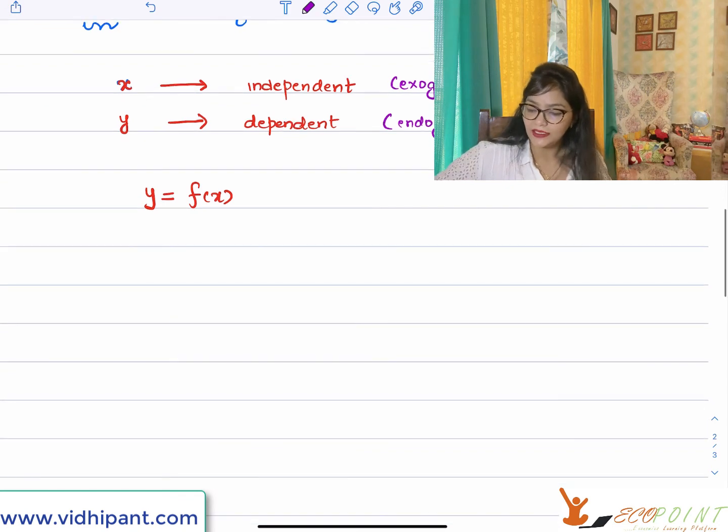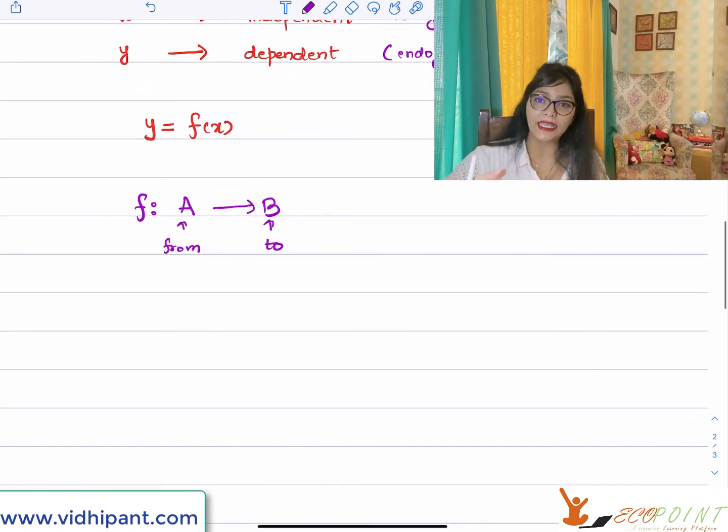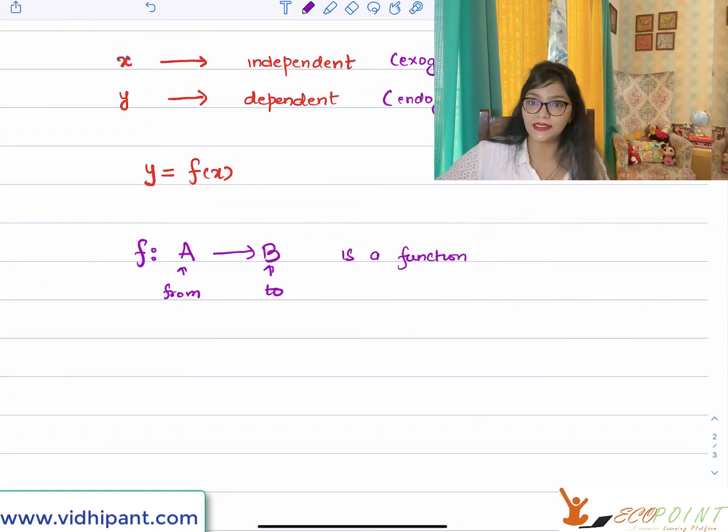It means that if I write down f is a function from A to B, mathematically speaking, it means that for each x belonging to A, because A is your input set. When you write f from A to B, that means A is your input set and B is the set where you will find your output, okay?